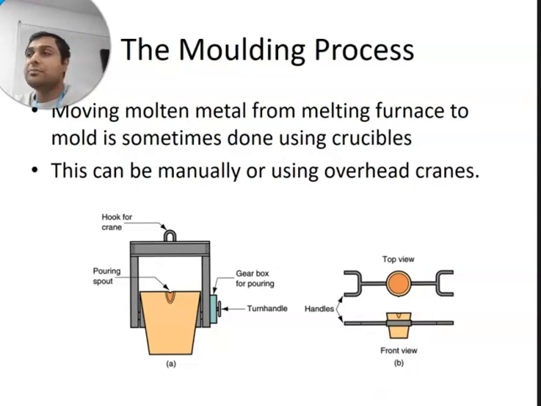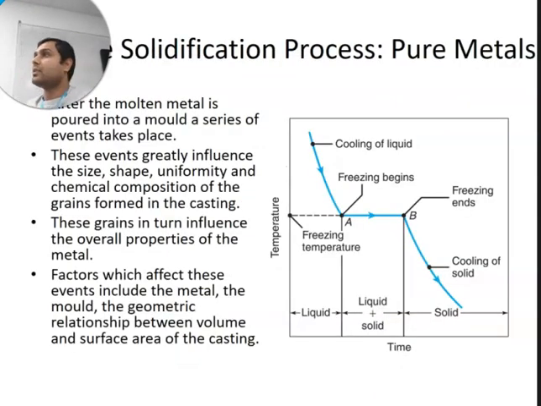Now, when the molten metal is poured into a mold, what actually happens is the temperature drops straight away. You can see the cooling of the liquid. Initially, the temperature drop is massive. The reason is that the mold is cold and the molten metal is above its melting point, so it just cools down very quickly.